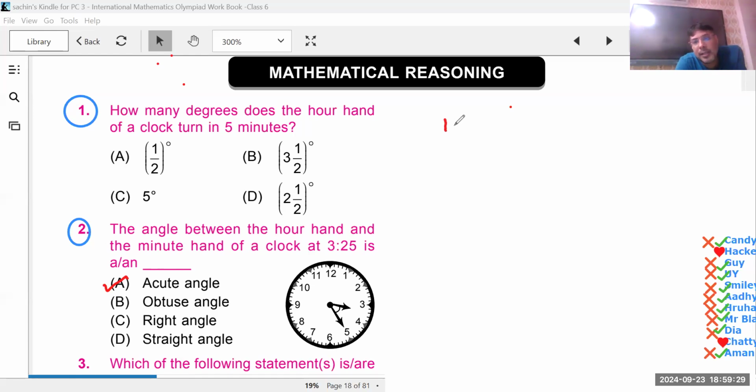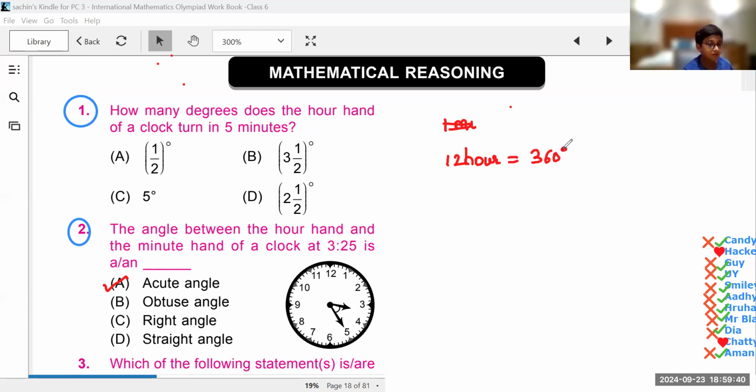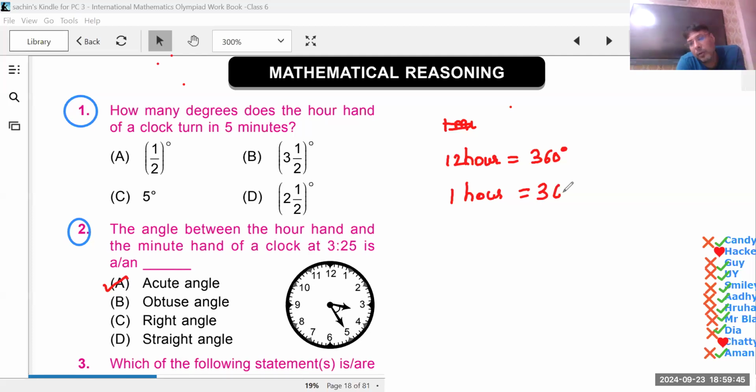So how much does it turn in 1 minute? First, let's find for 1 hour. In 12 hours, it goes 360 degrees. So in 1 hour, it goes 360 divided by 12, which is 30 degrees.